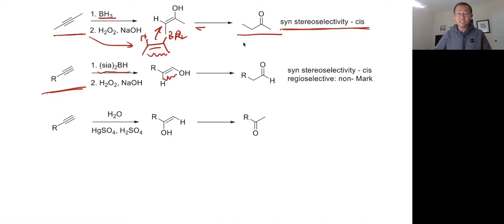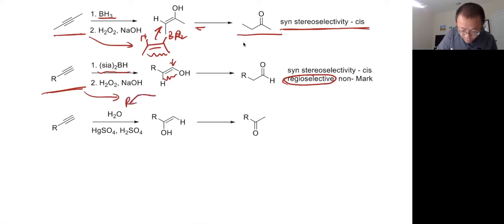Now, because it's terminal, we do have regioselectivity. Terminal means the two carbons are different: one is CH, one is C. We do have regioselectivity in which the B will be added to the less substituted carbon. So the OH is added to the less substituted carbon. This is what happened here. After you add B, you got this, with BSia2.